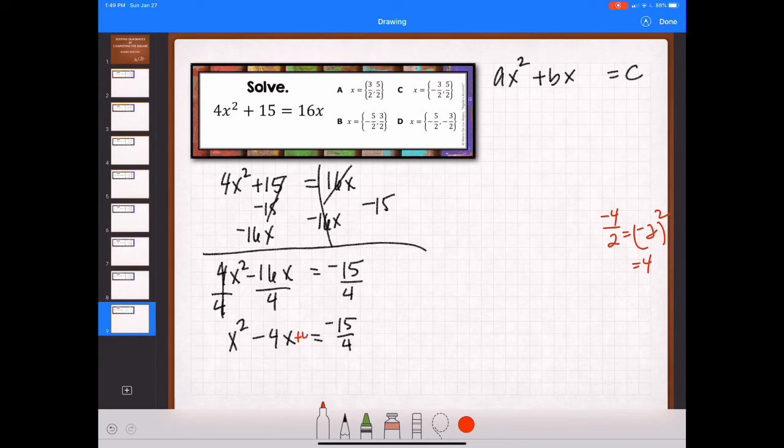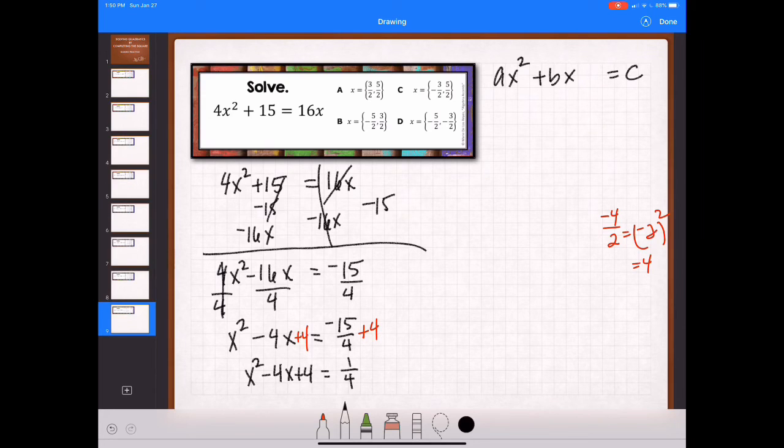So I'm going to add 4 to both sides. So that gives me x squared minus 4x plus 4 equals negative 15 over 4 plus 4, which is 0.25, which gives me the same thing as 1/4.